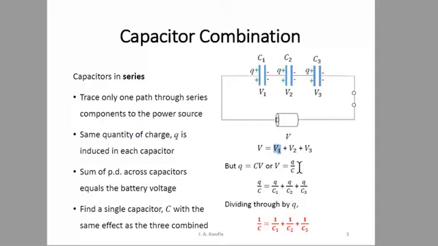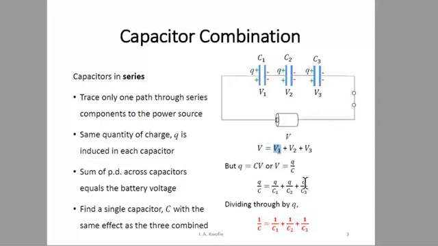Then the voltage across capacitor 2 will also be equal to the charge on it divided by its capacitance. Likewise, the voltage across the third capacitor will be equal to the charge on it divided by its capacitance.